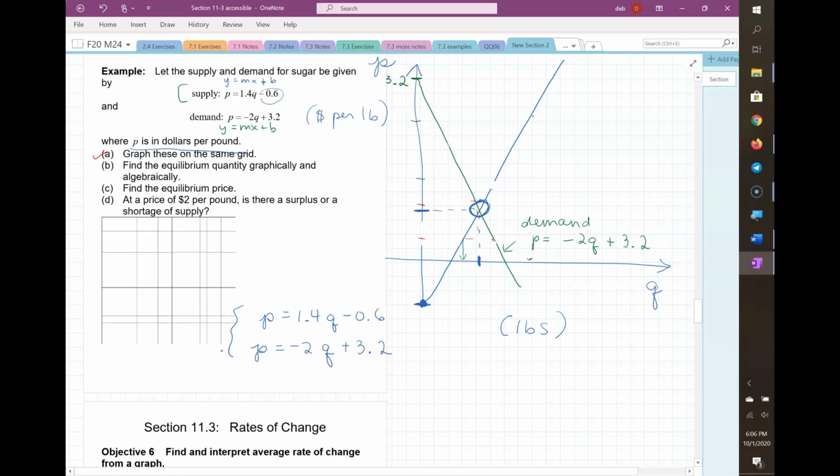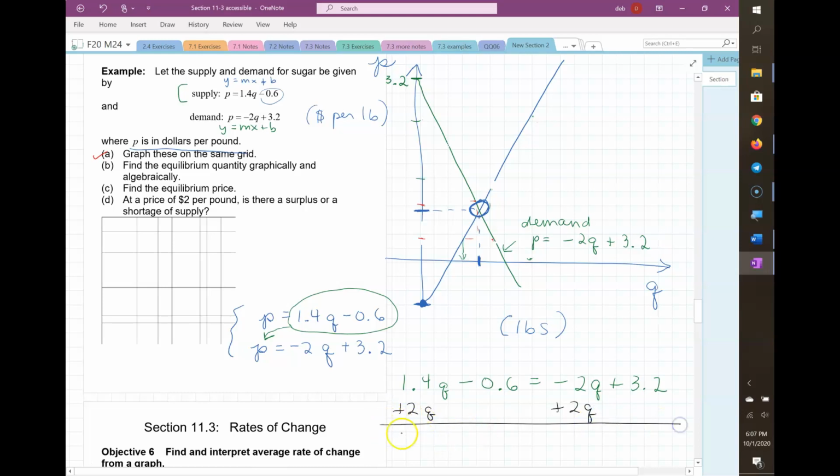So this is a system of equations. One of the methods that we reviewed was substitution, where you could say, well, P equals this quantity, so let me substitute for the P in the other equation, 1.4Q minus 0.6. And then I can solve for Q because that's the only variable I have now. So let's use our algebra and add the Q terms. So I'll have 3.4Q minus 0.6 equals 3.2.